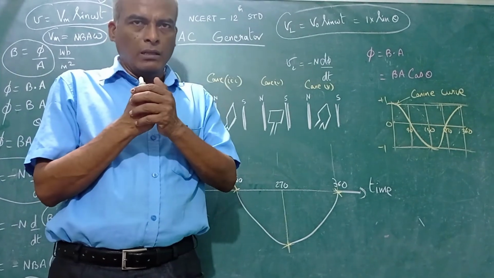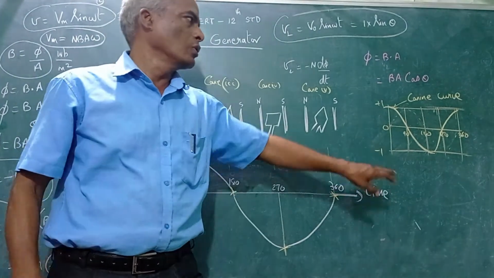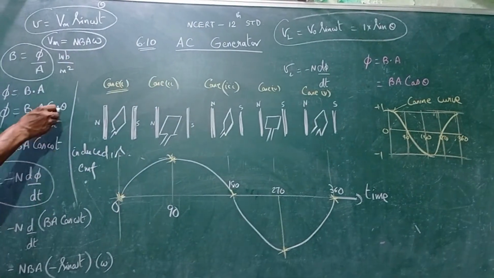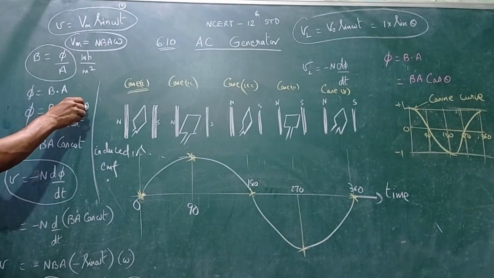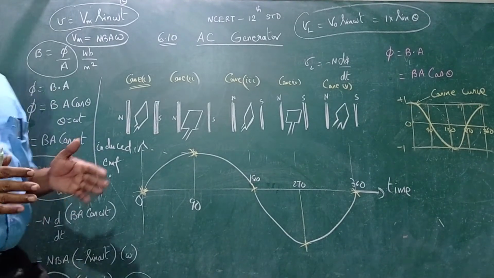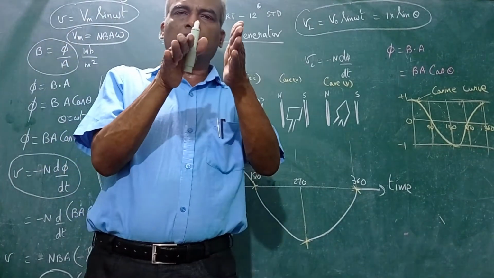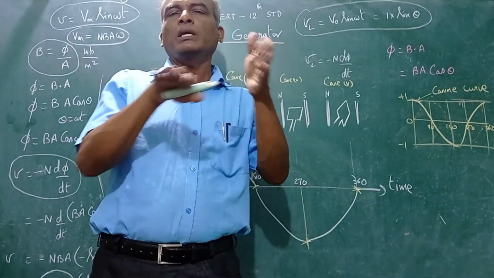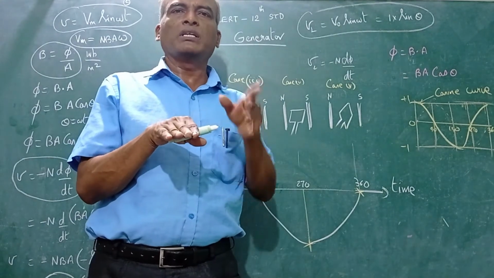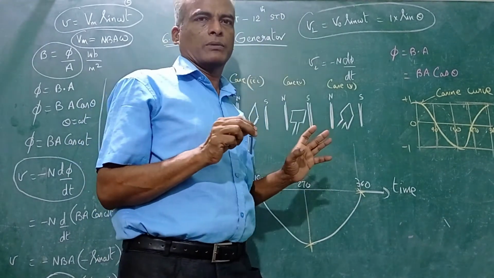Cos 90 is 0, therefore flux is 0. Similarly, when it goes this way, it is parallel to the flux lines, that is, 0 degree. Cos 0 is 1, therefore it is maximum.